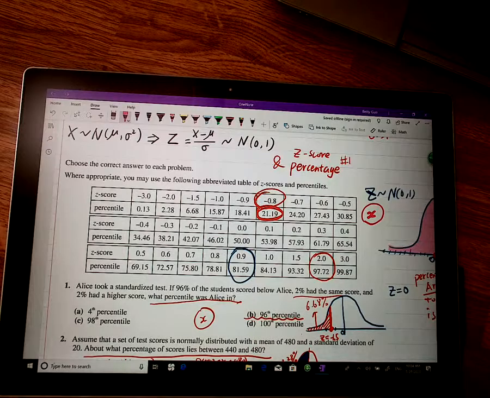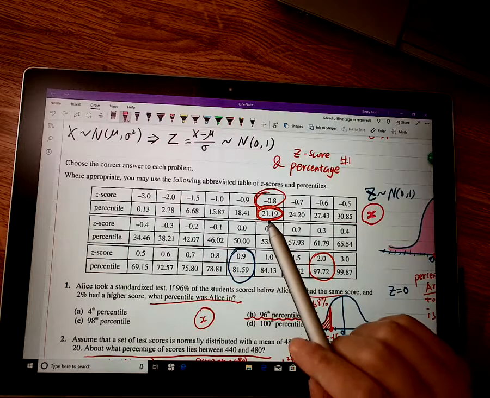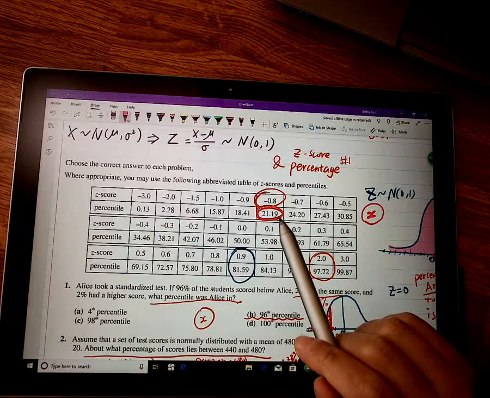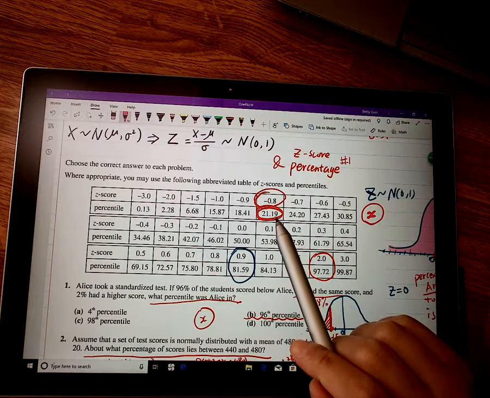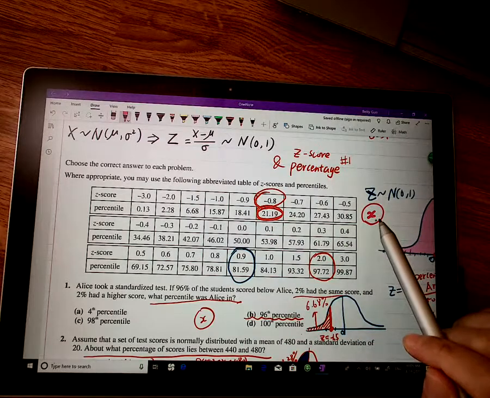What does that mean? It means in a population, there's about 21.19% of the values below your score. Does that make sense?